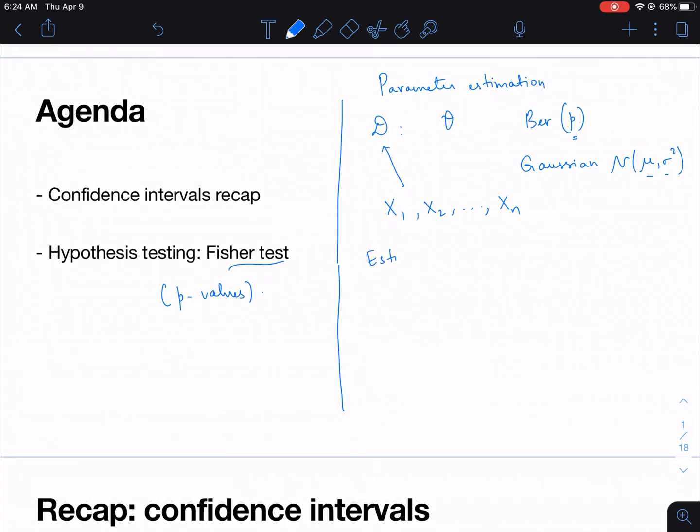An estimator is a statistic which is a function t of x1 through xn. This can be an explicit function, or this can be something that you deduce. By an explicit function I may just mean some expression that you write down, or it can be something that is the output of some optimization that you do, right? So this is in the example of a maximum likelihood estimator.